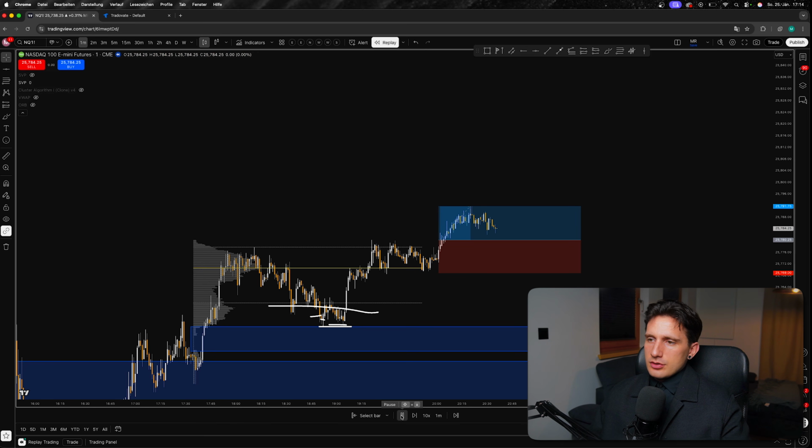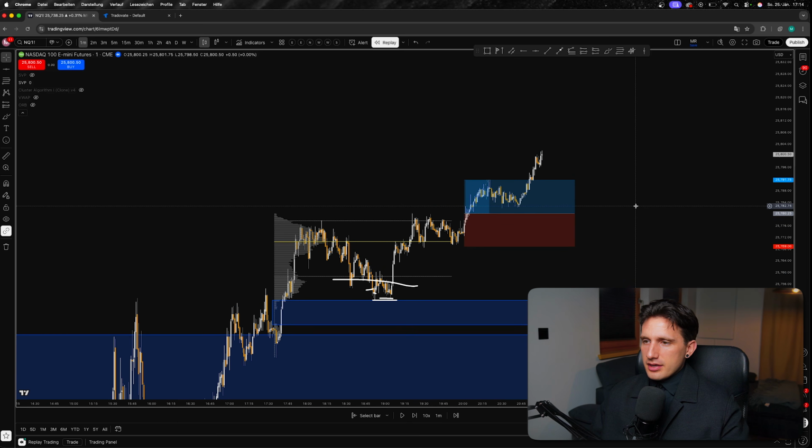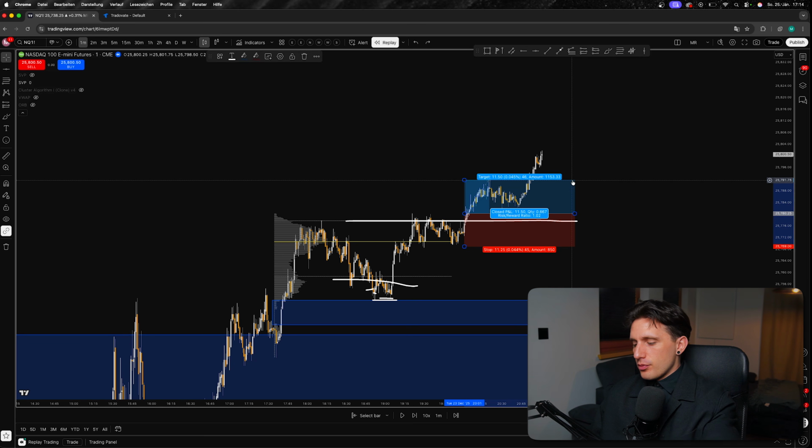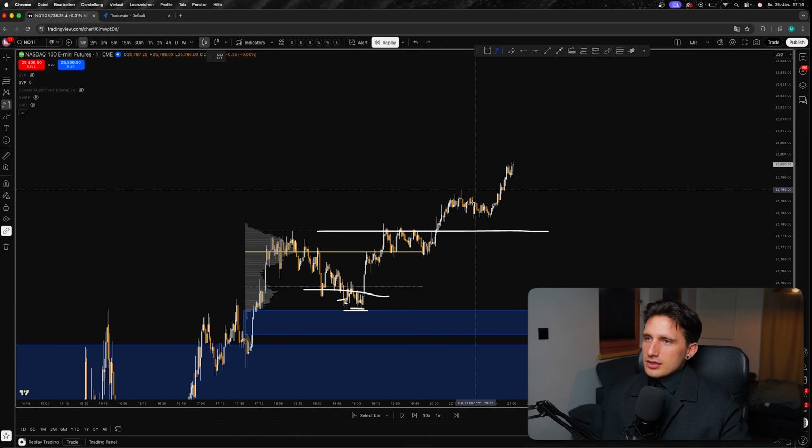So we can see that we are holding above value right now and we are searching for higher value. How do I know that we are holding above? You can see this right here, the value area high. We are clearly holding above value. Okay, and we have another trade setting up right above value. Fixed volume profile from the low to the range high right here.